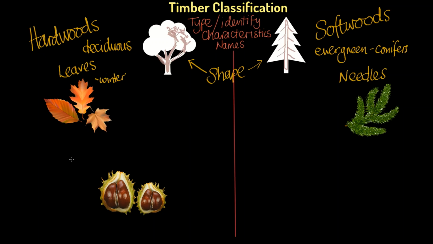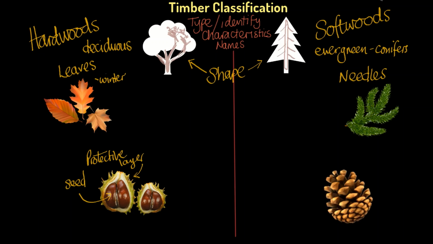Another visual clue that you'll get with the classification is how the tree reproduces. And here we've got a seed which is from the hardwood tree, and you will find that it is in a protective layer. So these fall off the tree, they're protected, and then eventually these will open up. This is a horse chestnut, and you may have played conkers with these before.